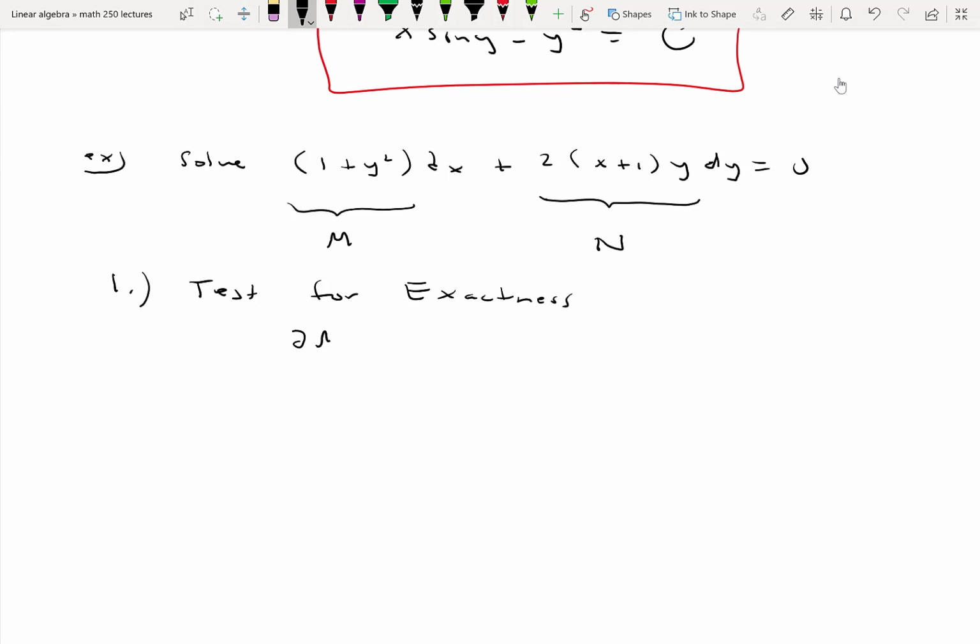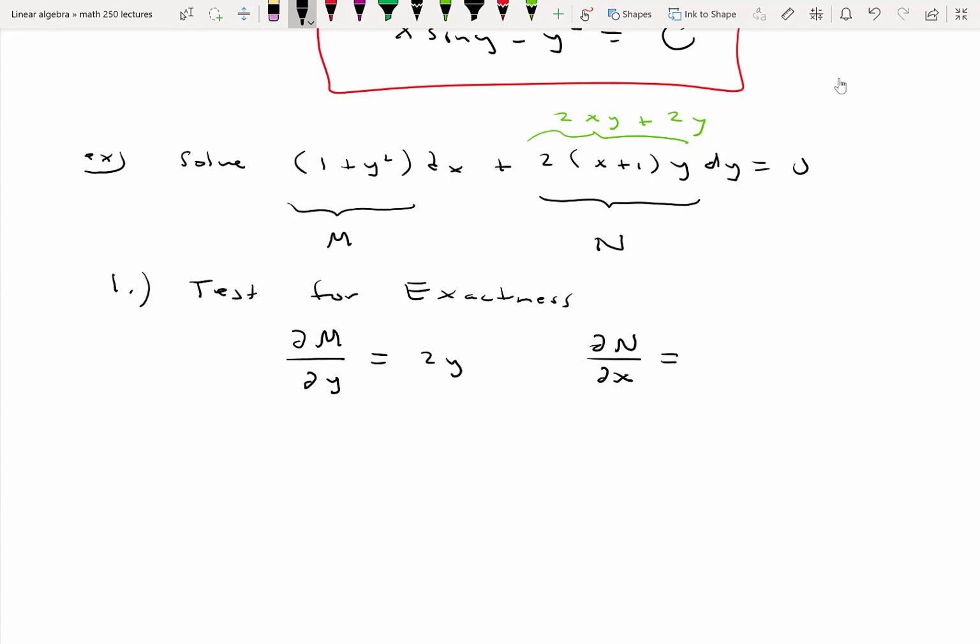So the partial of the coefficient of dx with respect to the other variable y is 2y. The partial of the coefficient of dy with respect to x: if you distribute everything, you get 2xy + 2y.